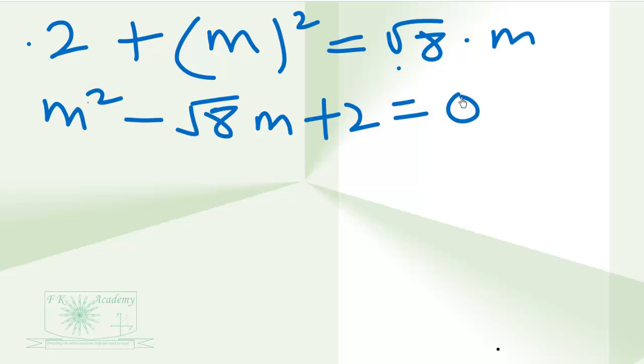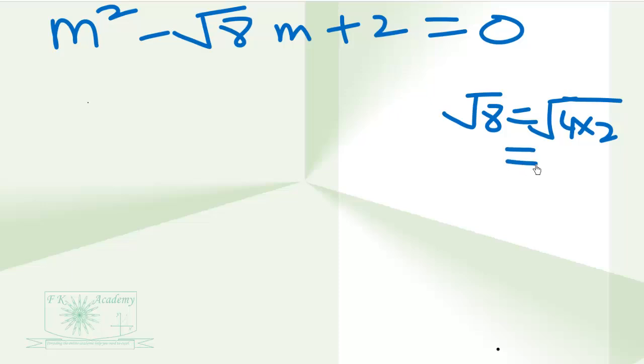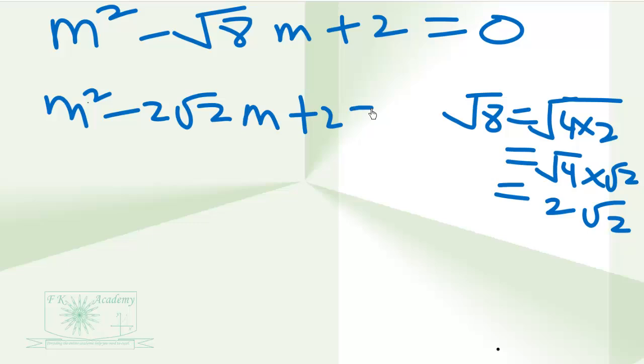This is a quadratic equation in m. We can express square root of 8 as 2 square root of 2, because root 8 is the same as square root of 4 times 2. This gives us square root of 4 times square root of 2, and that gives us 2 square root of 2. So we have m squared minus 2 square root of 2 m plus 2 is equal to 0.